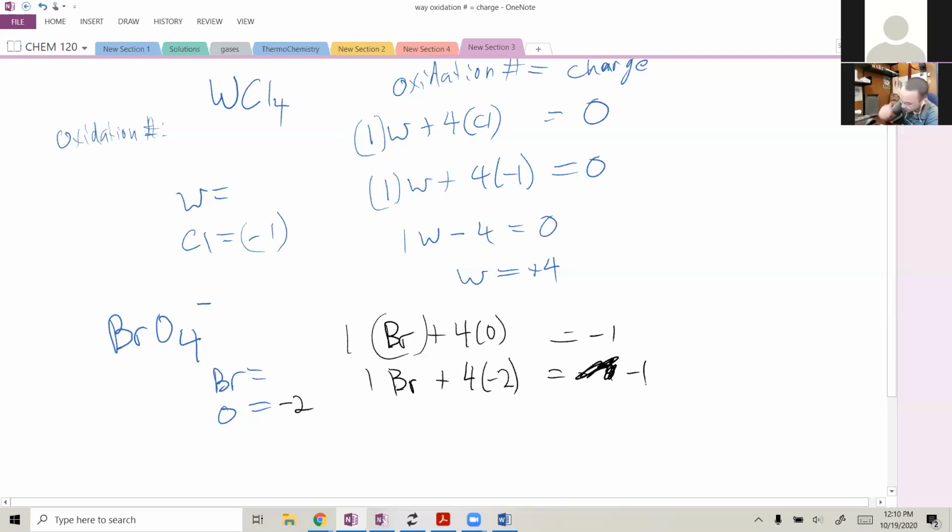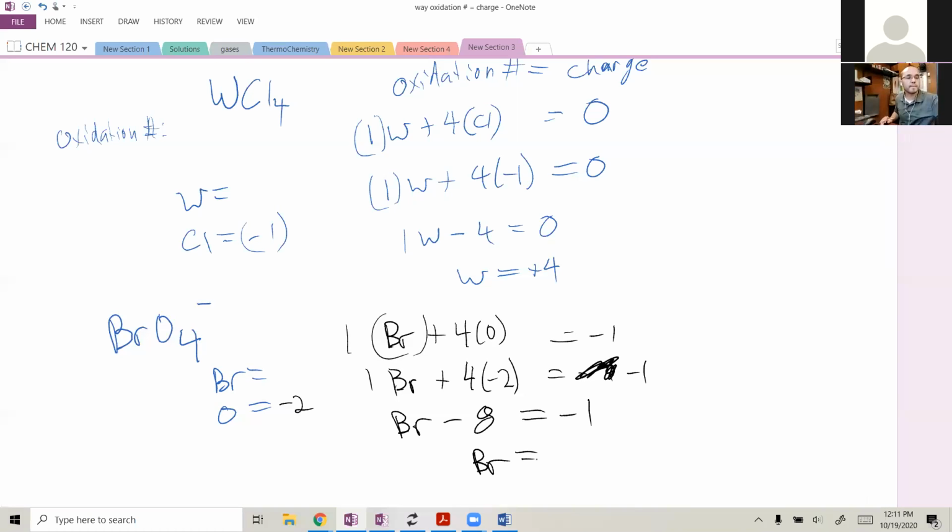So we get bromine -8 is equal to -1. And so our bromine should become what oxidation number? It should become a +7. And so that's how you work through and figure out all of your different oxidation states.